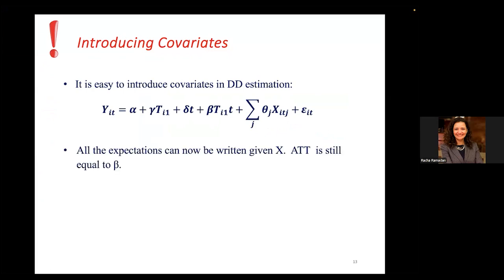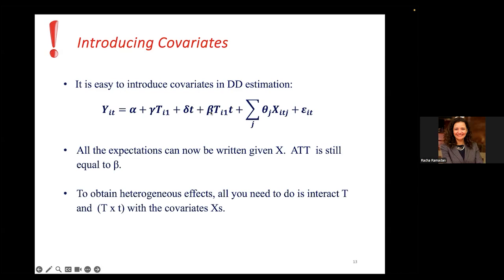In any case, the ATT, or the average treatment effect on the treated, will be the coefficient beta. However, still, if you believe that, for instance, as we will see in the STATA example I will give you today, it's possible that the program is on microcredit, and it will make a difference if the receiver or the beneficiary of the microcredit is a male or a female.